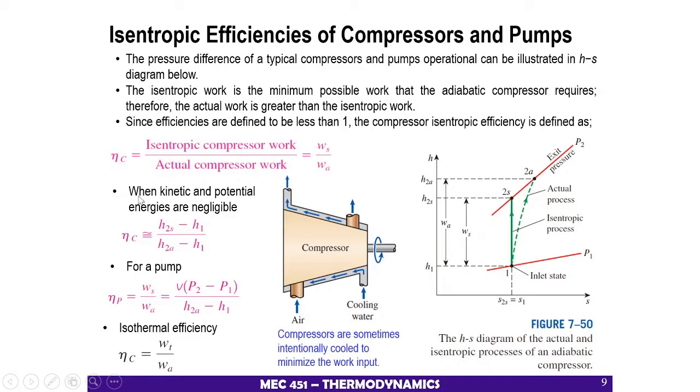So for a compressor, H2s, isentropic enthalpy 2, minus H1, divided by H2 actual minus H1. For a pump, compared to a compressor, normally a compressor deals with air. In order to transfer liquid, we use a pump, and normally a pump cannot operate under the mixture condition.